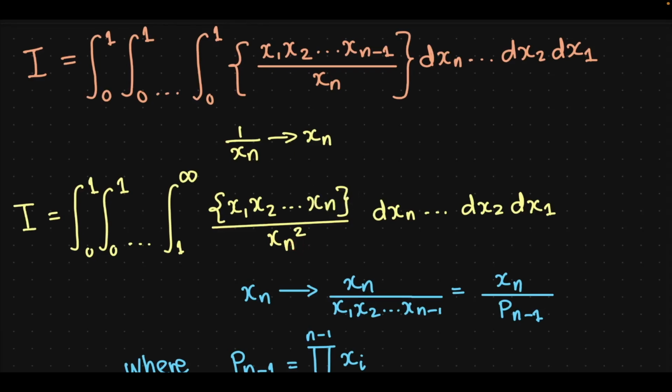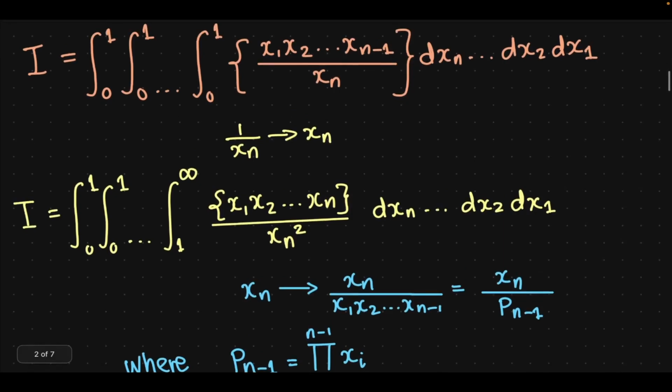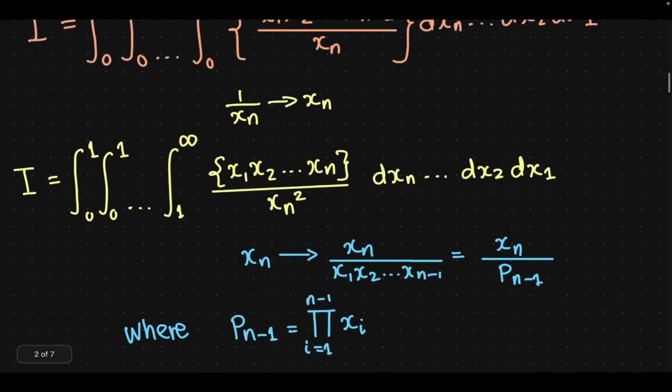We get xn squared in the denominator as the factor from the differential element. And we have the fractional part of x1, x2 multiplied until xn. Notice the order of integration. We're emphasizing the integration on xn first, and you'll see why.